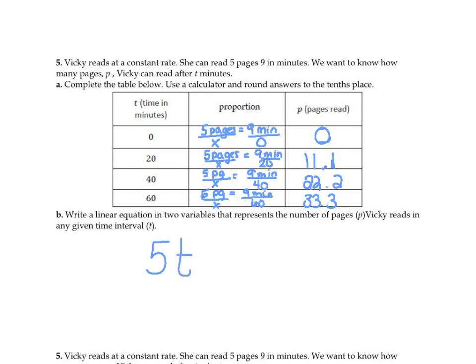Whatever that T was, we were multiplying the 5 and the T. And remember when we solved proportions in the solving equations unit, we know that this diagonal should be equal to the other diagonal. So that should be equal to 9 times, in each case the X represented my pages read. So we're going to call that P. So I've got 5T equals 9P.